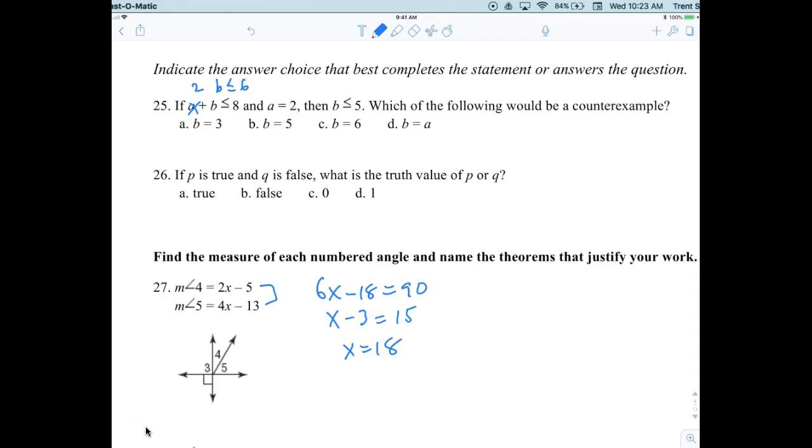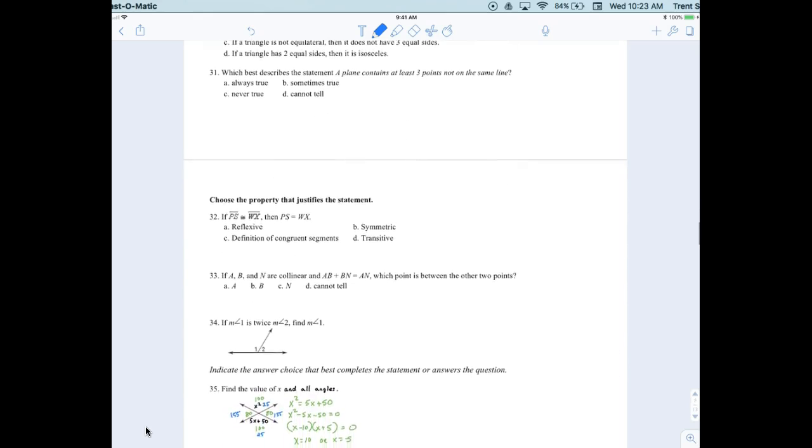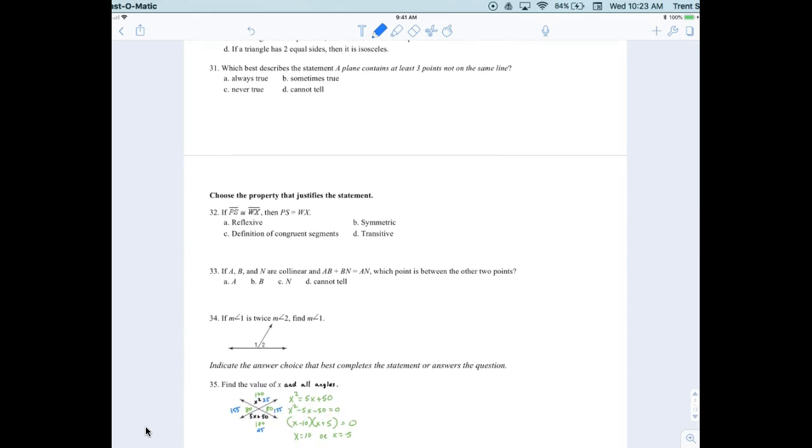So the counterexample would be what? Do you guys see that? We're saying that B is less than or equal to 6. Really any counterexample could be anything greater than 5, right? All right, guys. I'm feeling pretty good. All right. Sounds like that's good.